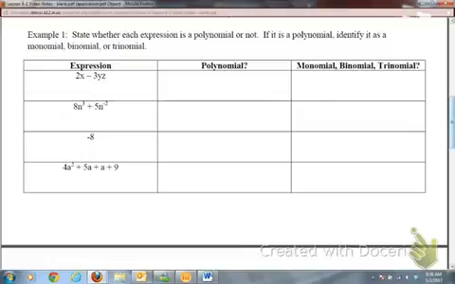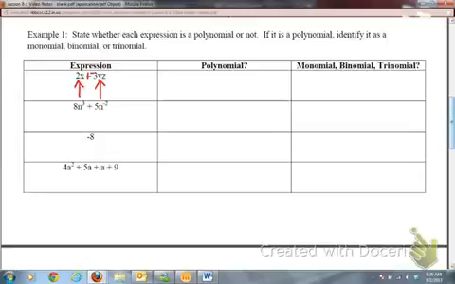Let's look at the first one. We have 2x minus 3yz. 2x is a monomial, and 3yz is also a monomial. So this is technically a difference of two monomials, and we talked about how that's okay. It could be a sum or a difference, because subtracting is the same as adding the opposite, so then it would be a sum.